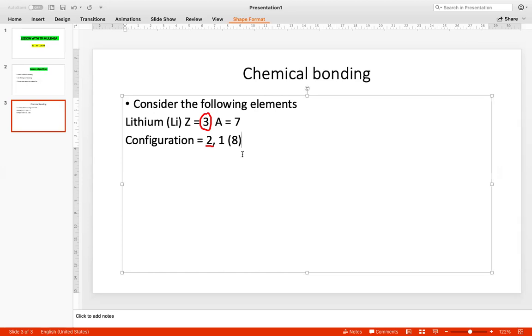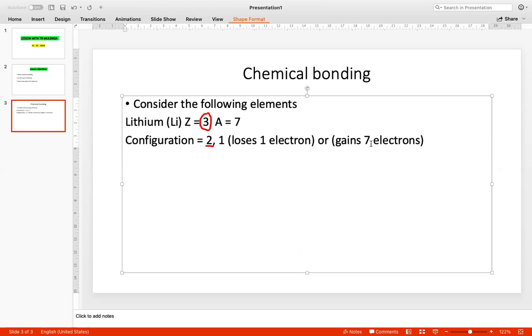I'm trying to introduce you to chemical bonding, the tendency that atoms have to interact with other elements. So this lithium has got to decide. The maximum it should have is 8. Because it has 1, either it has to lose 1 electron, or it gains 7 electrons.